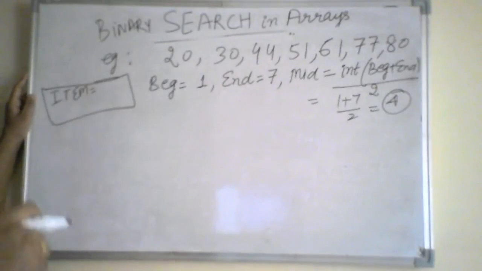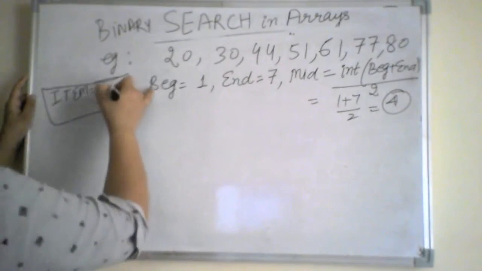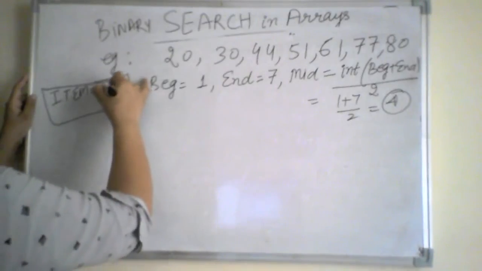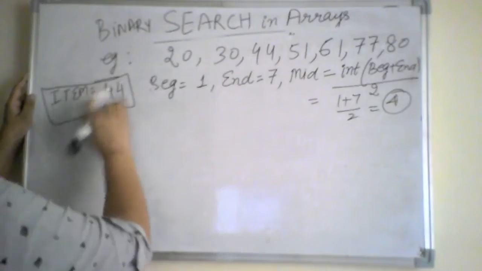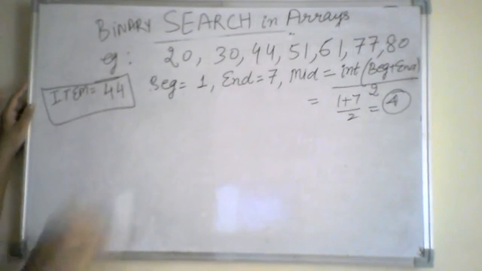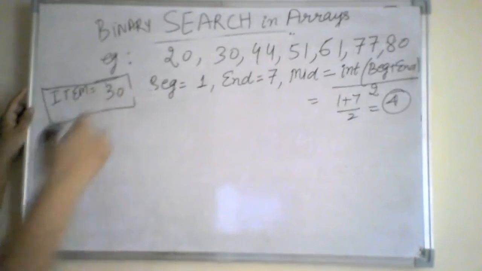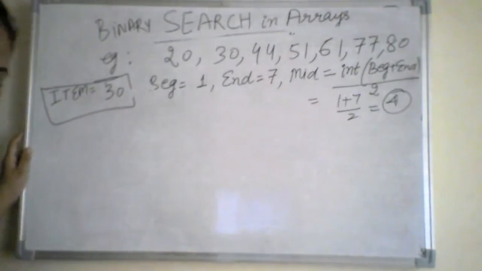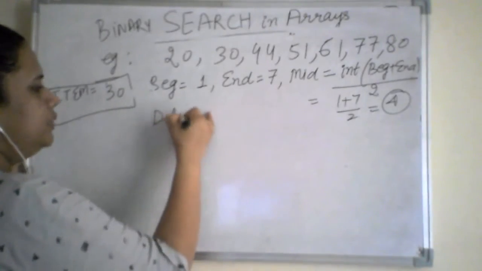Let's assume I want to find 44. Okay, let's take 30. It can be any random value, this is just for your understanding. So let's find the item 30, right? The next thing is, what is the data mid?